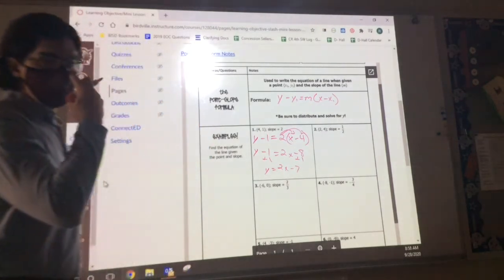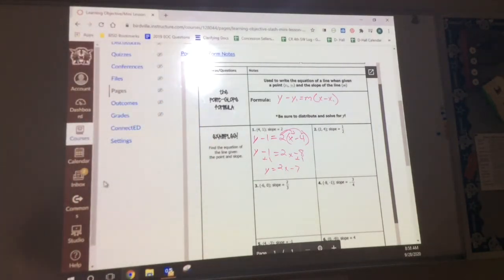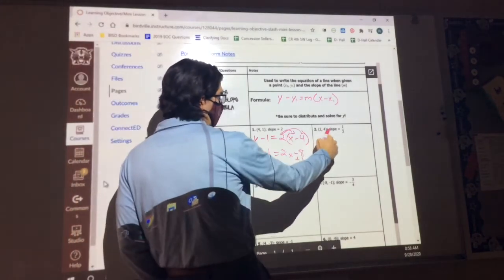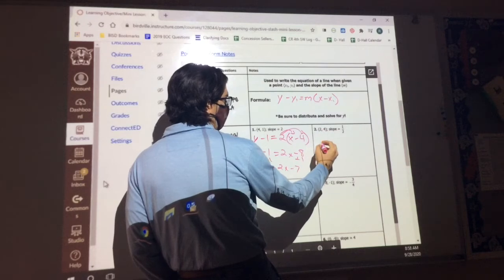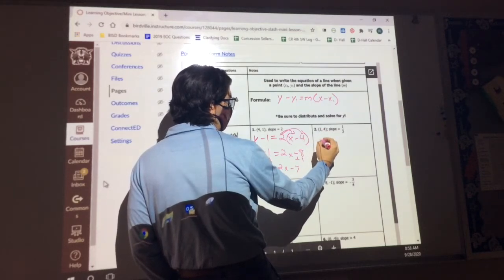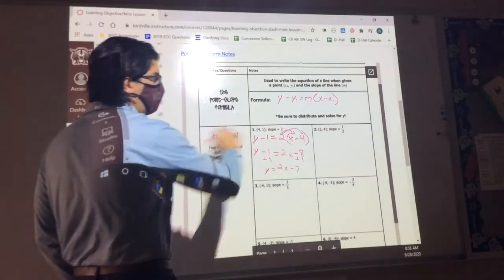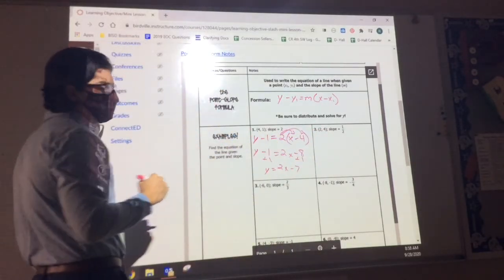Would somebody be willing to set up this next equation? Anybody feel confident enough? Steven, let's give it a shot. Number 2. Just setting it up. Will you just tell me how to make it look like this? Yes.